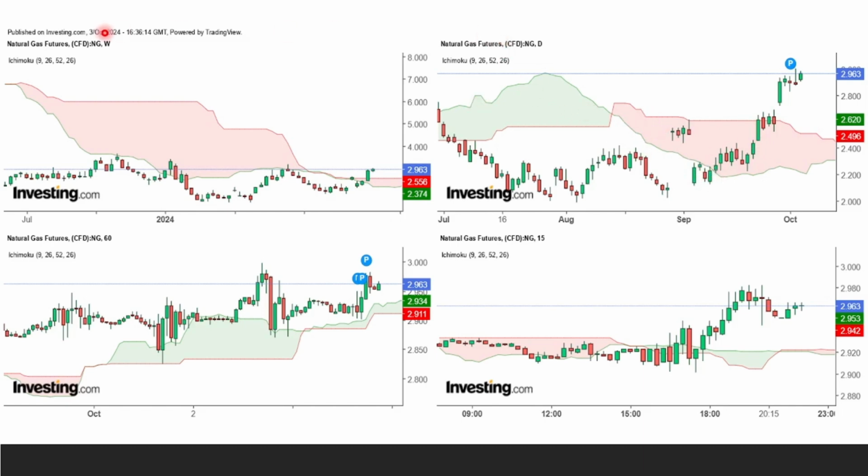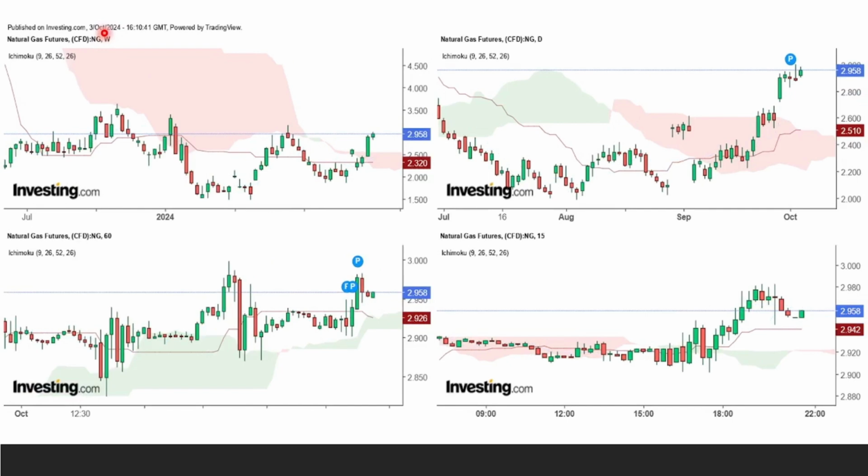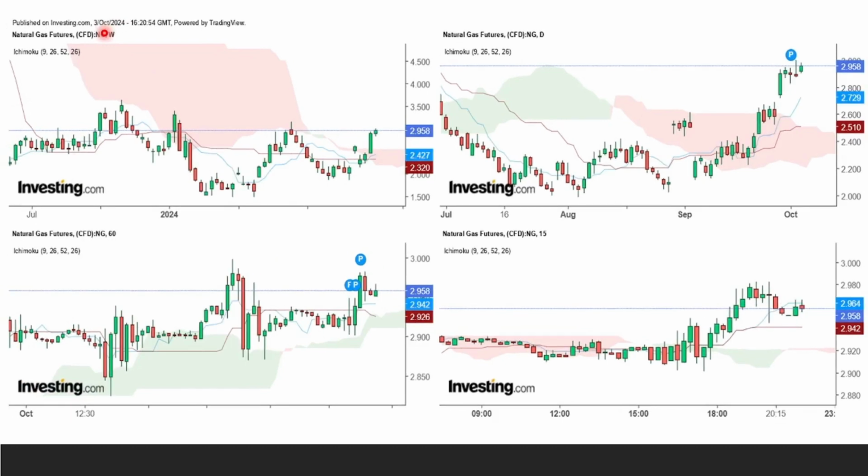Now let us look at the crossover. This shows Kijun Sen and Tenkan Sen crossover. The blue line is Tenkan Sen and the red line is Kijun Sen.